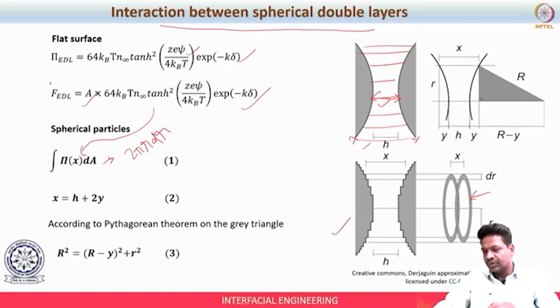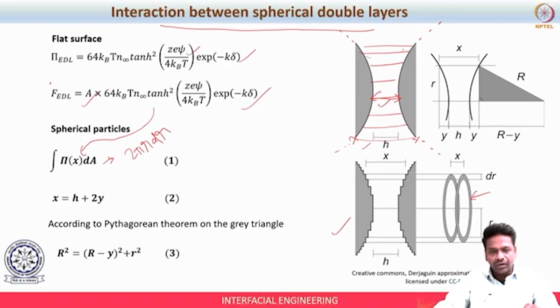For that case, you can use this integration, going from one lower limit to the upper limit. So you can go from 0 to any desired area. When you do that, you are taking into account the interaction of all the molecules present within this projected area. Remember, we are considering only this part of the curved surface, because this part is out of the projected area.